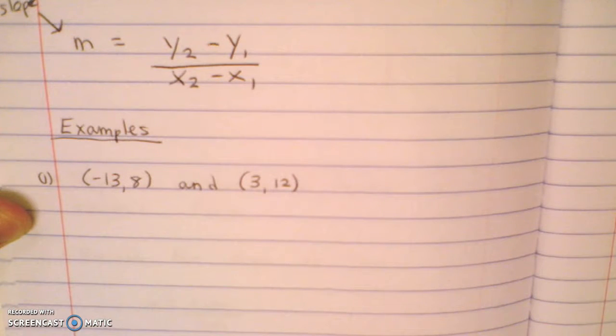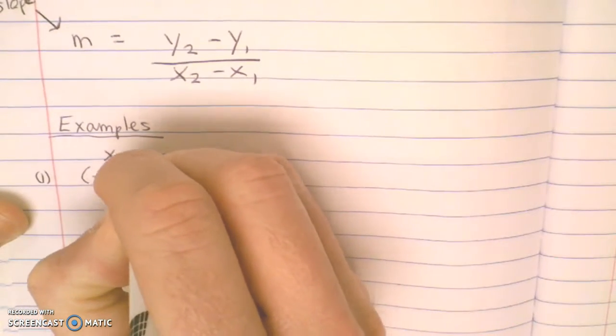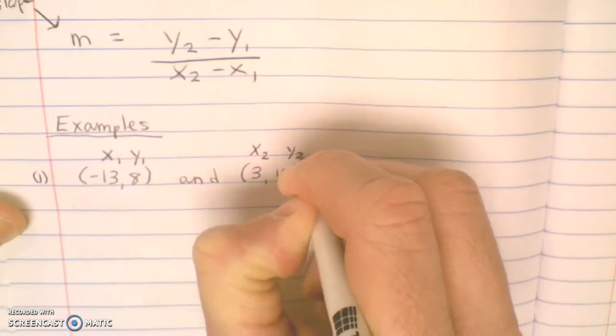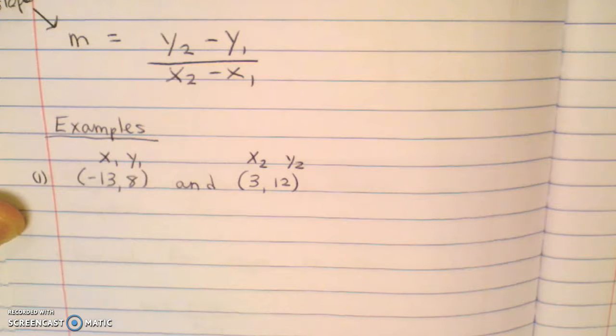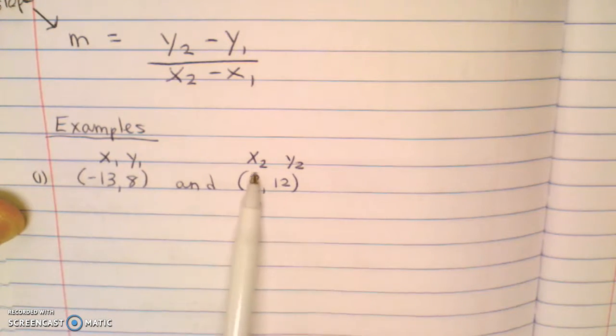The very first thing you should do for every problem is label your x1, y1, and your x2, y2. So remember, every coordinate is listed as x and y, and we're just picking which one is the first one and which one is the second one. So this is my first coordinate, x1, y1, and my second coordinate.